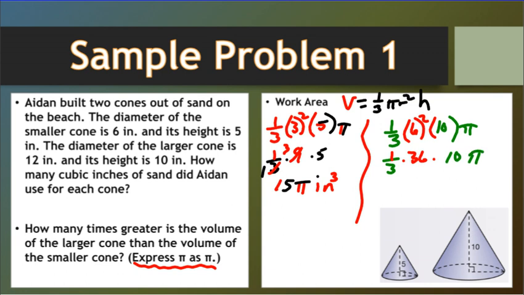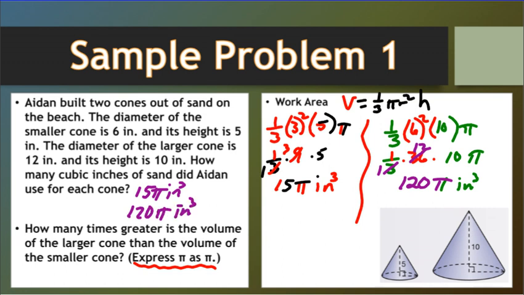I can simplify here. 36 divided by 3 is 12. 12 times 10 is 120. So we got 120 pi. So how many cubic inches of sand? We would have 15 pi cubic inches, and we would have 120 pi cubic inches.